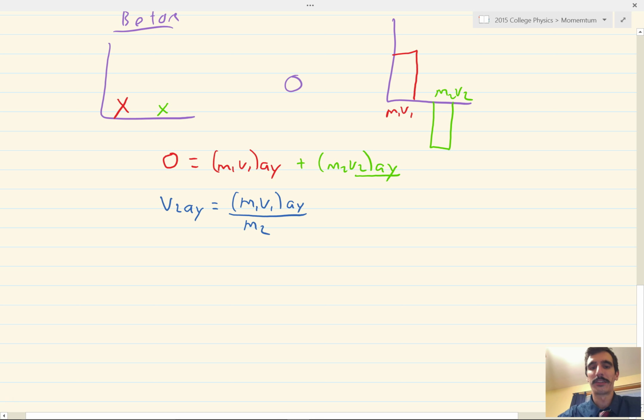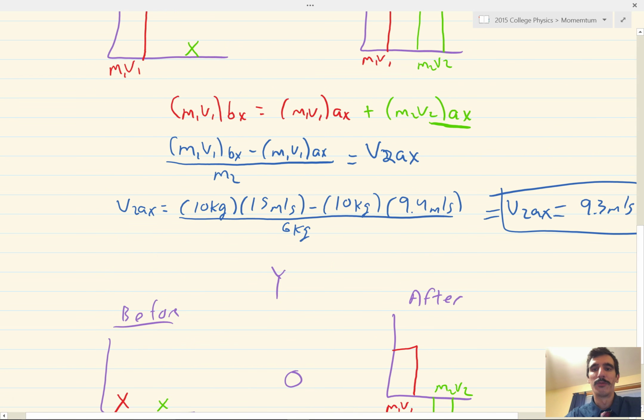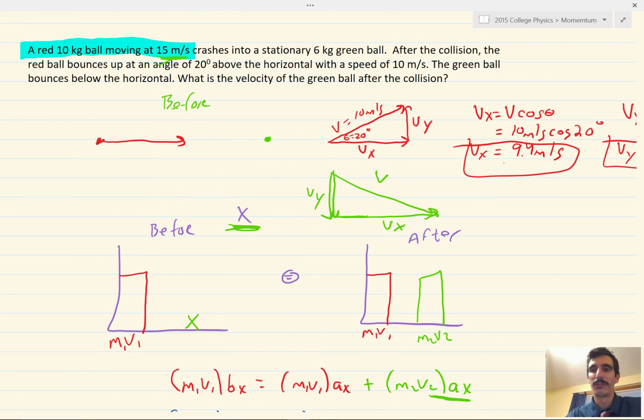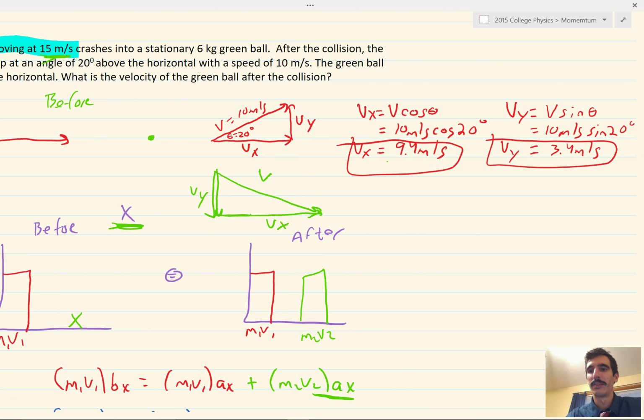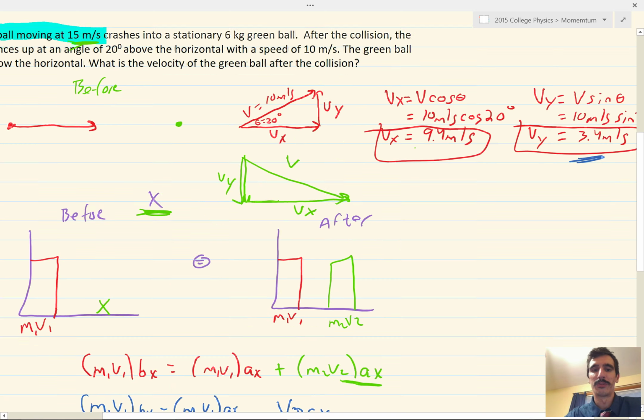A little bit easier than the x direction. So let's plug and chug. V2AY is equal to 10 kilograms times the velocity in the y direction of the red object. We solved for up here, v sine theta. That's 3.4 meters per second.